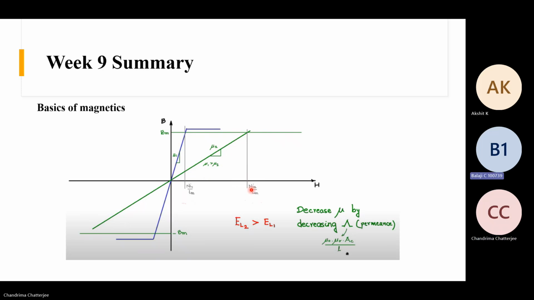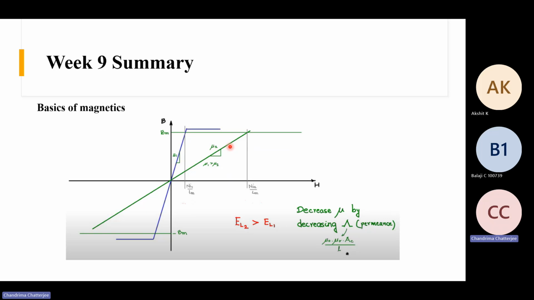How do we change the mu value, ma'am, in that case? Usually for DC-DC converters, if you are using a ferrite material, you will have to introduce some air gap. If you introduce an air gap, then essentially along with the core material there is some air gap.